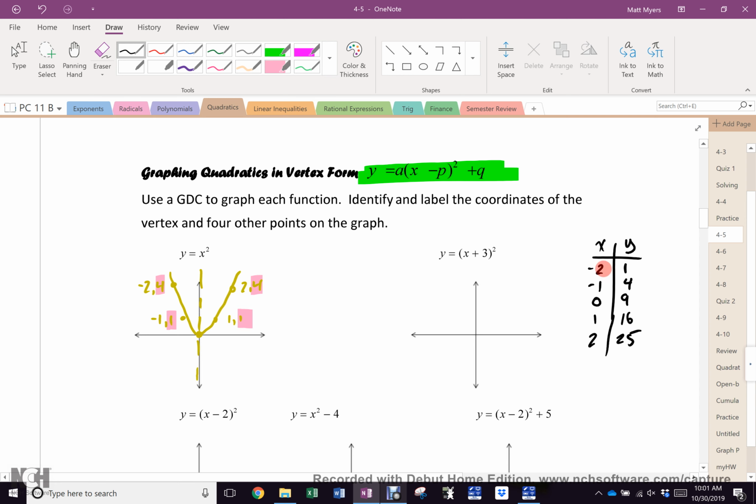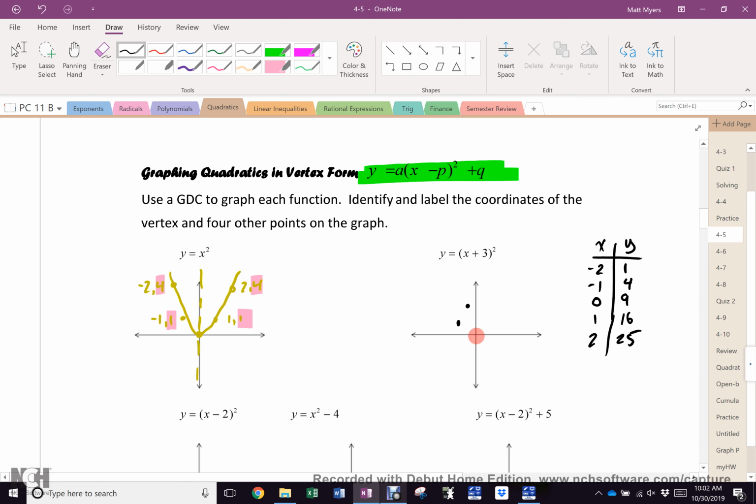Because when I go to x is -2, my y value is 1, correct? And then when I go to -1, my y value is what? My y value goes up to 4, doesn't it? Everybody see that?